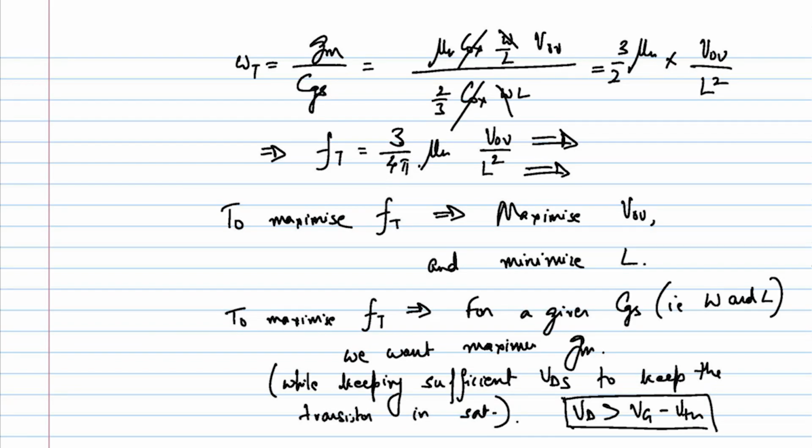Okay, so what I have done till now is essentially taken the long channel model of a transistor and gone through the requirements of how to ensure the transistor gets biased in saturation, and how the transistor, while remaining in saturation, can be biased for maximum transit frequency.